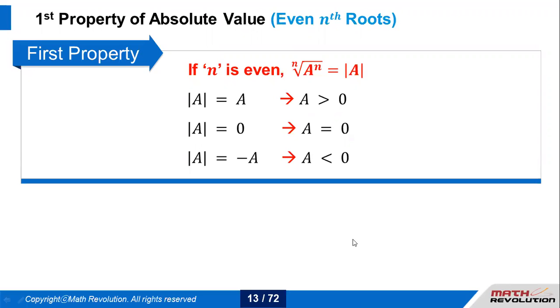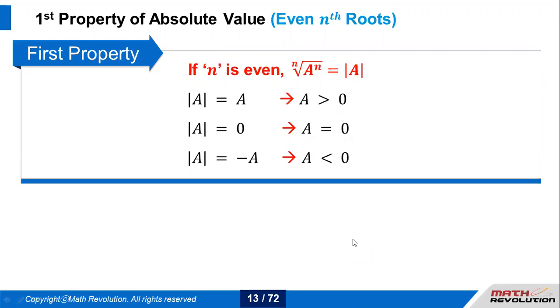So suppose my modulus of x is giving me minus 2, that means that particular value has to be less than 0. So if I put a equals to minus 2, minus of minus 2 will make it 2. So my modulus is not giving me a negative value. Always remember this. It has to be positive.